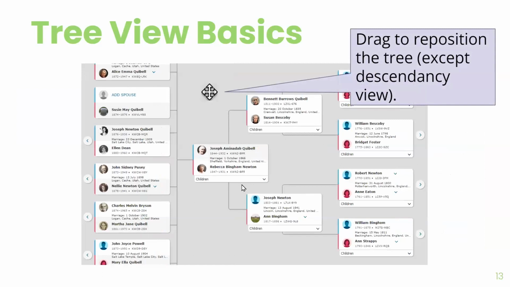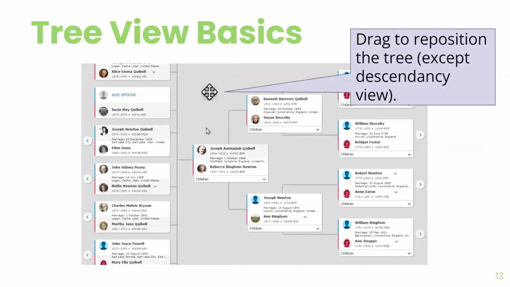One thing that I find is often unknown is that you can drag the tree, and this works for everything except ascendancy view, but you can drag all the other trees similar to the way that you would drag a map in Google Maps. So here's a little bit of a tricky thing. I tell people to put their cursor in the gray area.